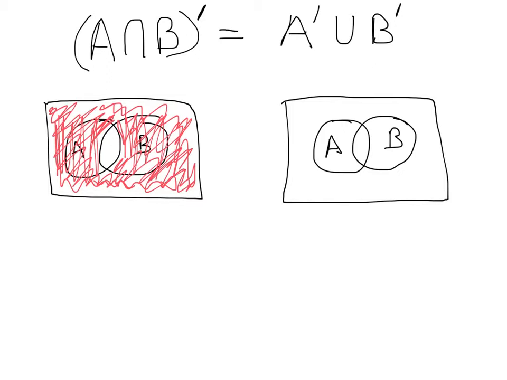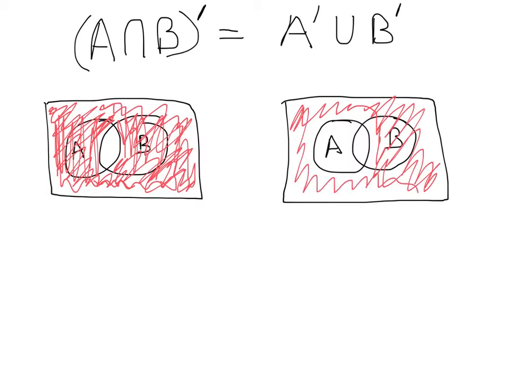Since I'm doing a union, I can shade in anything that is outside of A, along with anything that is outside of B. And once again, see that I get the same area.